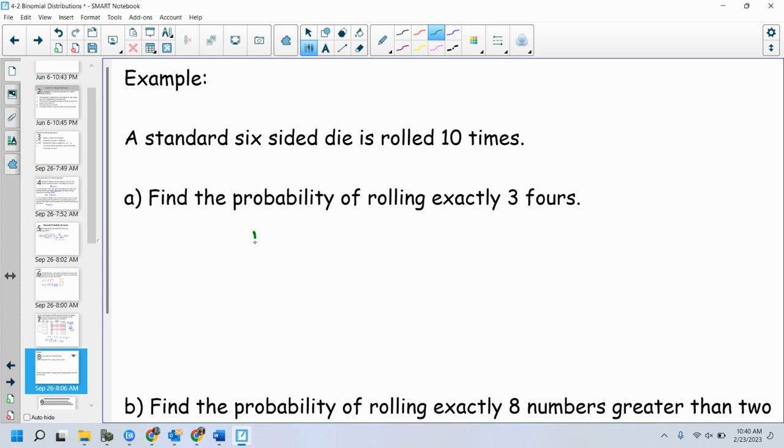What is n in this case? 10. What is x? 3. What is p? 1/6. I don't know why I put parentheses around it. What's q? 5/6. You follow me there?